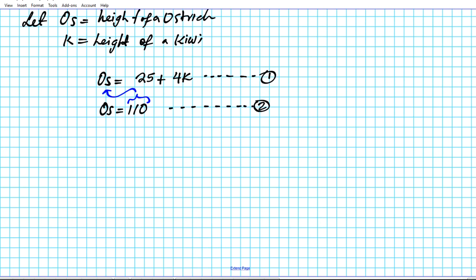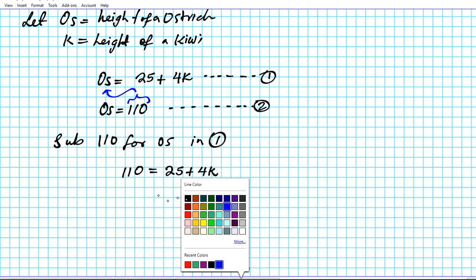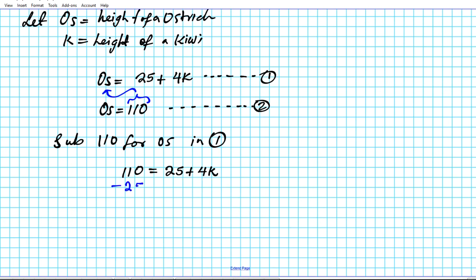We substitute 110 for OS in equation 1. That gives us 110 equals 25 plus 4K. Now in order to get K by itself, we simply subtract 25 from both sides of the equation.